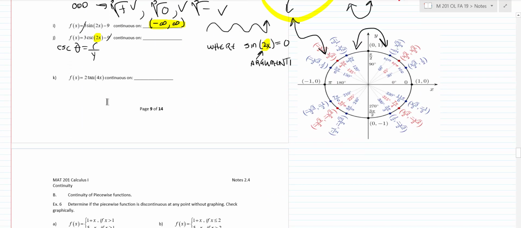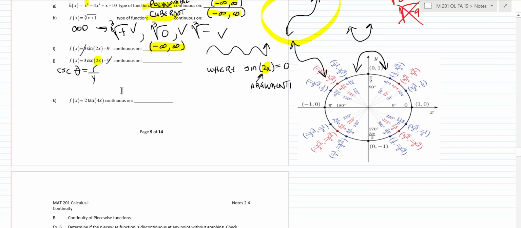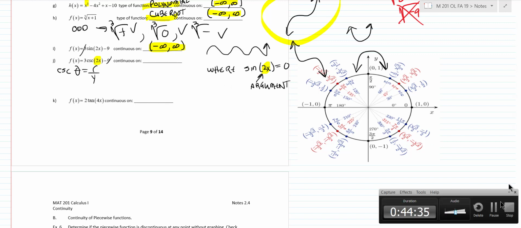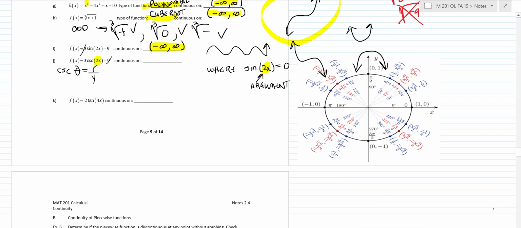So here's what I like to do in this problem. I'm just going to set that equal to 0 and then look at this on the unit circle. This is how I like to show students this. Where is the sine 0?